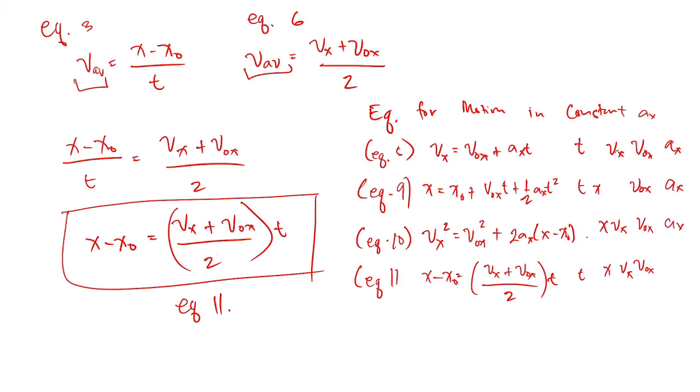And for equation 10, we have an equation wherein we have no value for time. And lastly, for equation 11, we have an equation for constant acceleration that doesn't have the value for acceleration. But for all of these equations, as you may have noticed, hindi nawawala yung initial velocity. So, take note of that sa paggawa nyo ng mnemonics.